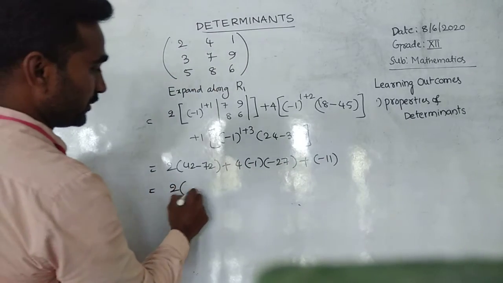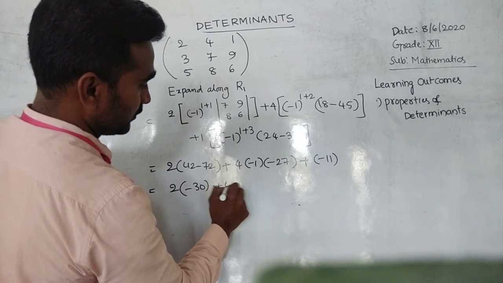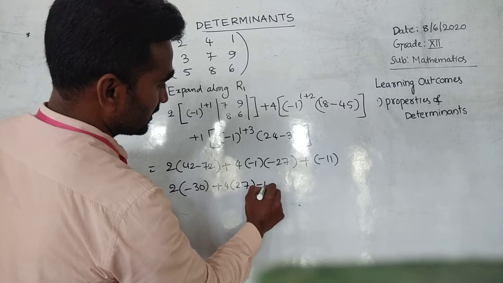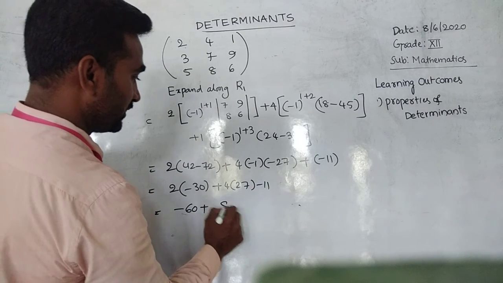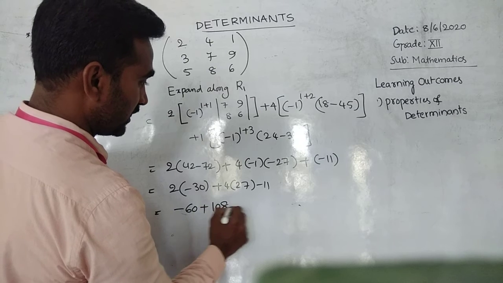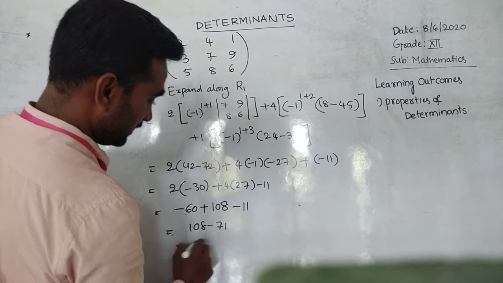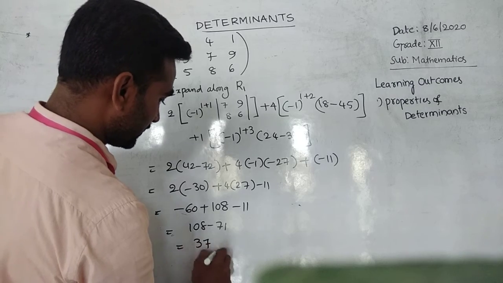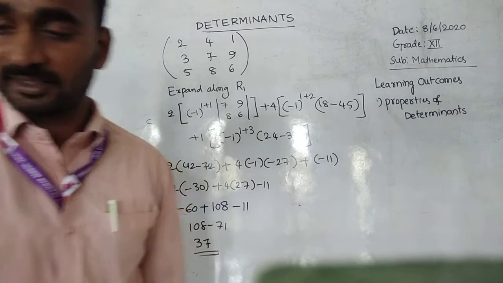So 2 into minus 30 plus 4 into 27 minus 11, minus 60 and 108 minus 11, 108 minus 71, that is 37. 37 is the determinant of the 3 by 3 matrix.